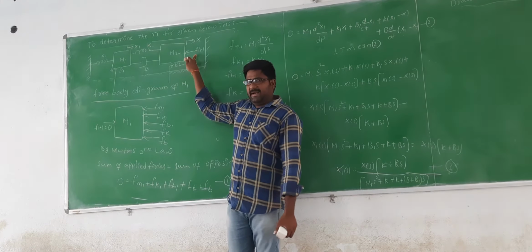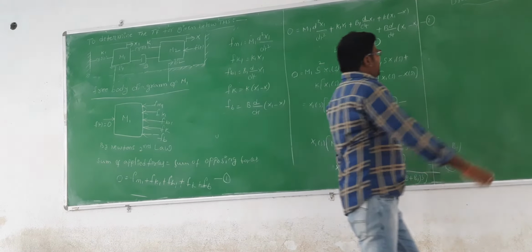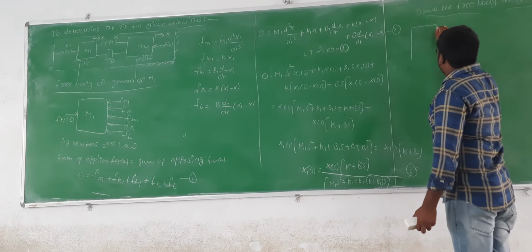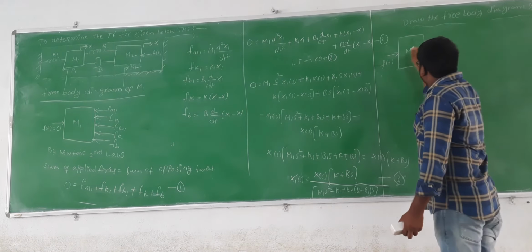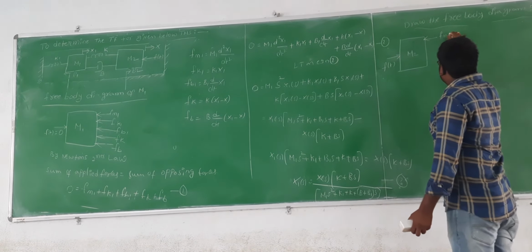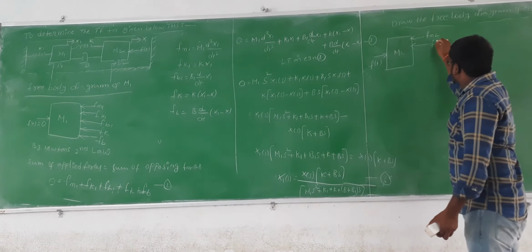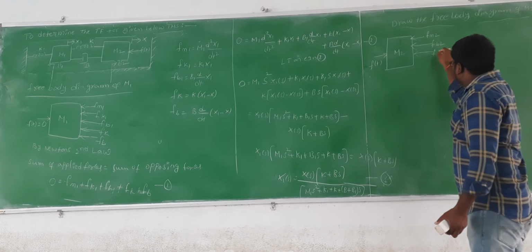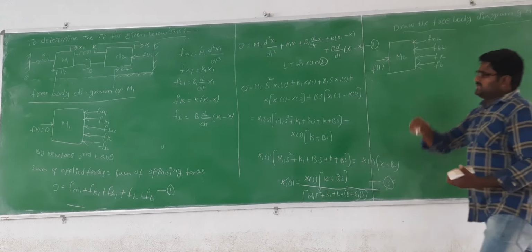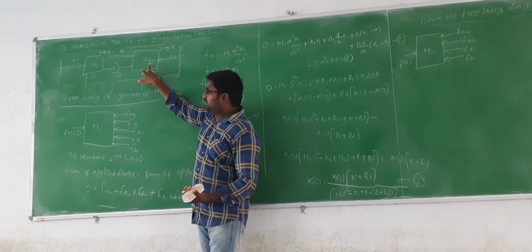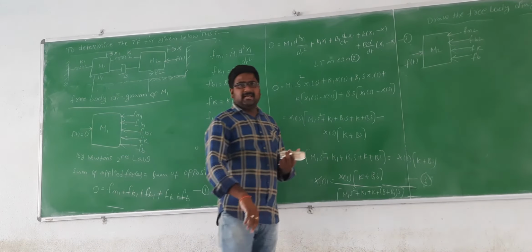Mass 2: applied force F(t), opposing forces K, B and K. So, free body diagram of mass 2, applied force F(t) and opposing forces Fm2, Fb2, Fk and Fb. These are the opposing forces. All of you check M2, B2, K and B. M2 displacement is x.